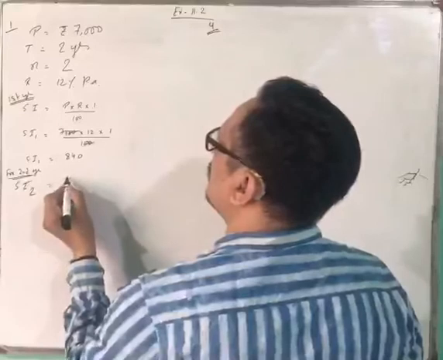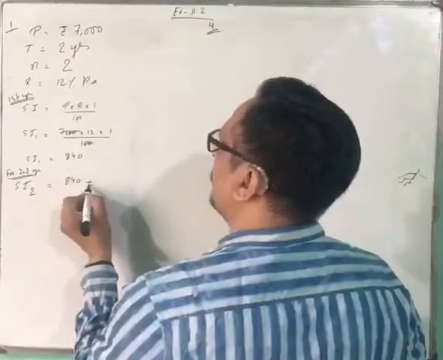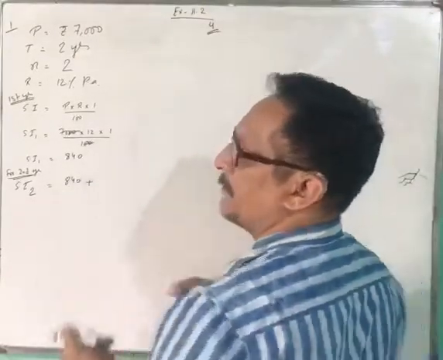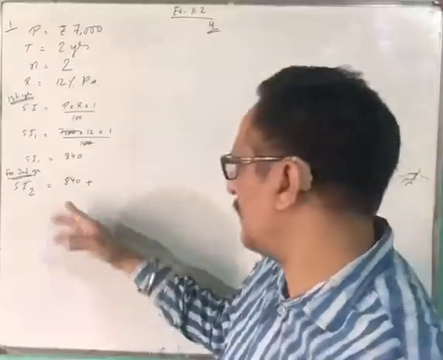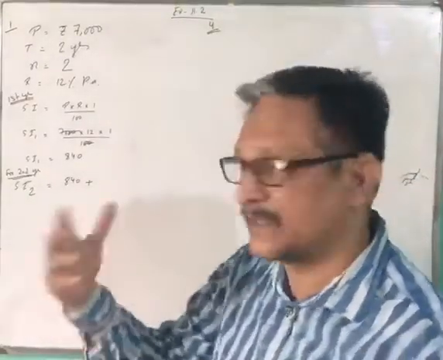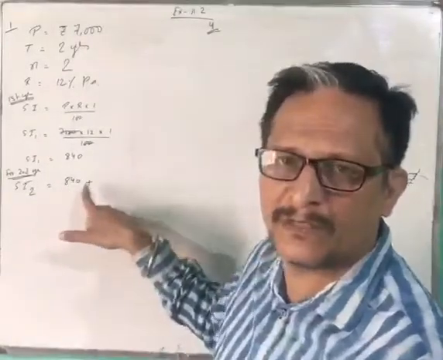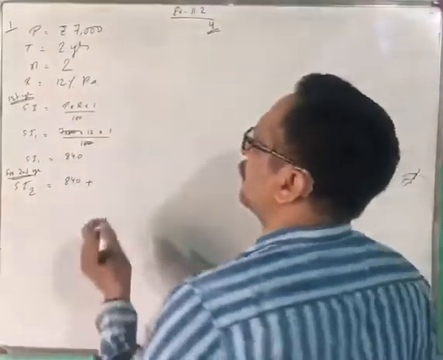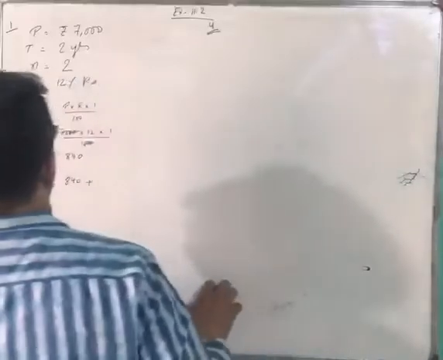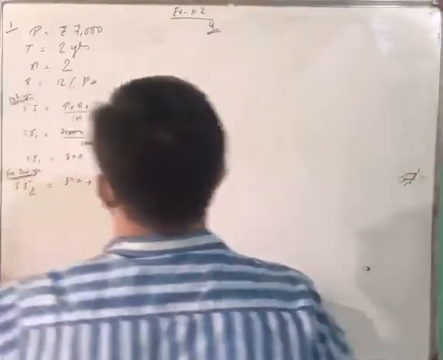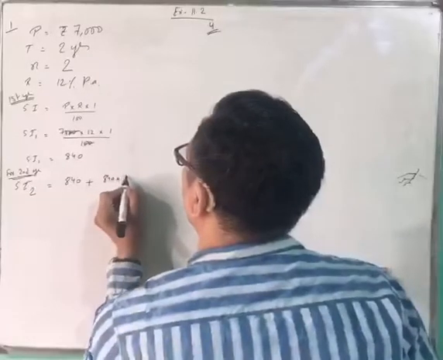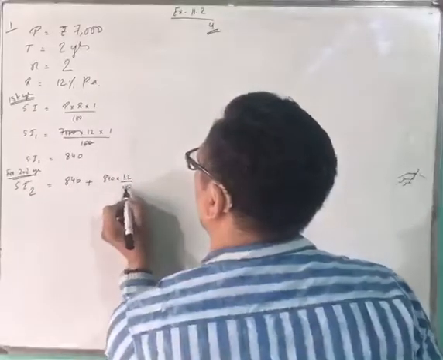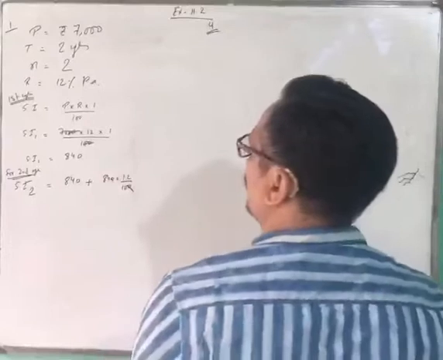So for the second year, it means 840 plus 840. In the previous year the simple interest was 840, and now you have to find out how much interest you have to pay on that simple interest. So we have to find 840 into 12 upon 100.